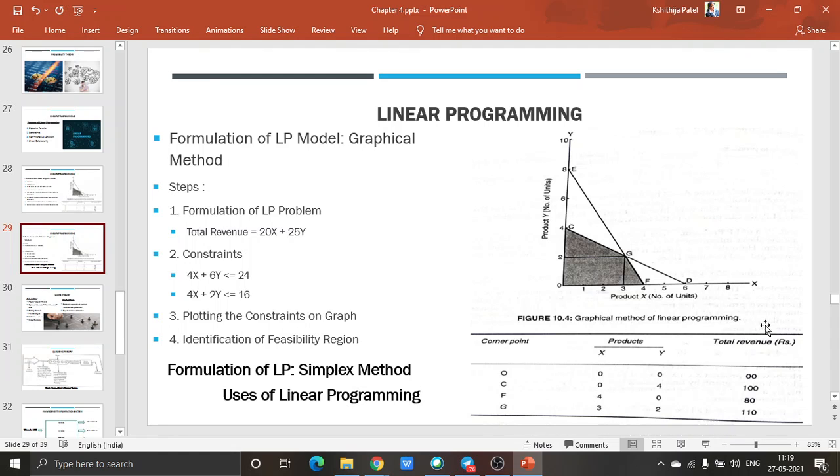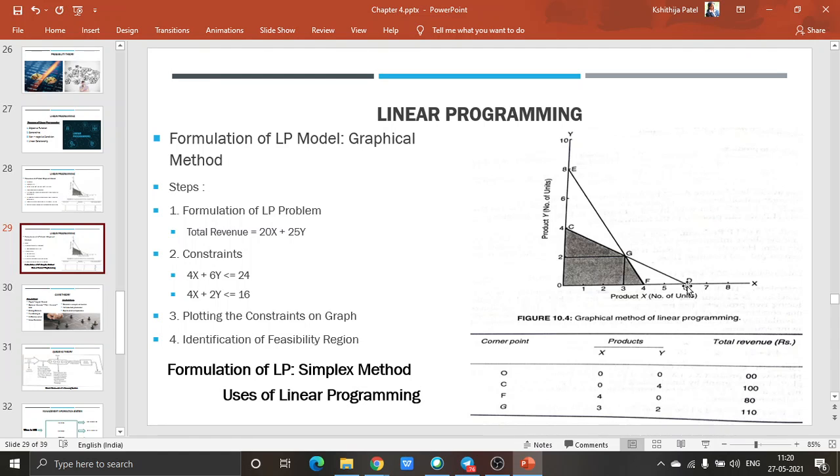Now, if we assume that all the time available on machine A is utilized for producing X, 6 units can be produced. Thus, on the x-axis, the first point would be 6. That is nothing but 4 times 6 is 24.